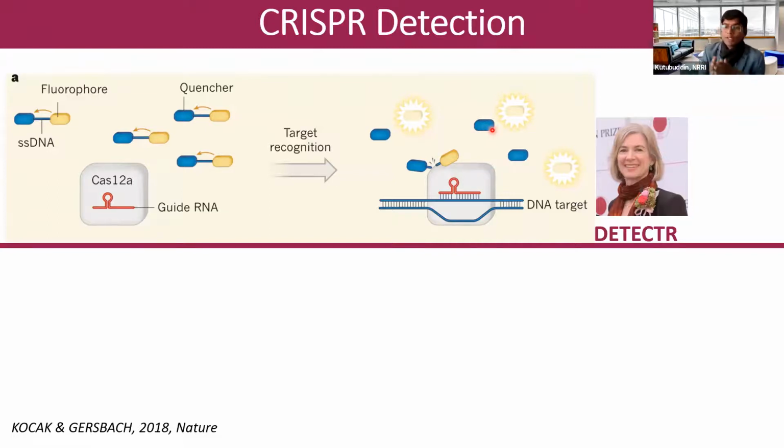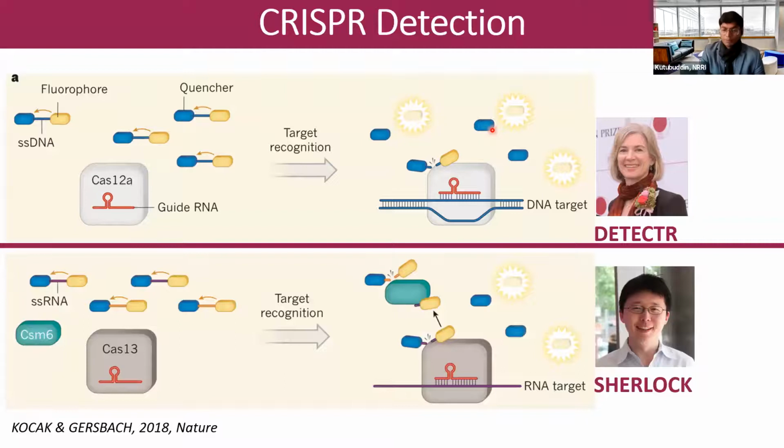And this fluorescence would be detected as an indication of the presence of your nucleic acid of interest, like viral nucleic acid, or any bacterial or fungal nucleic acid. This method is called DETECTR. And for RNA detection, another similar thing, the protein that could be used is Cas13. That method is called the SHERLOCK method, which has been developed by Feng Zhang from MIT.